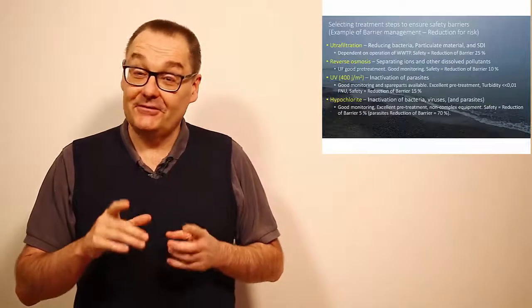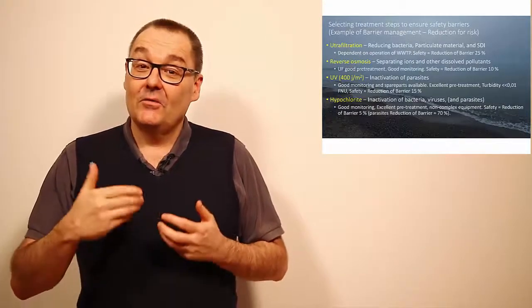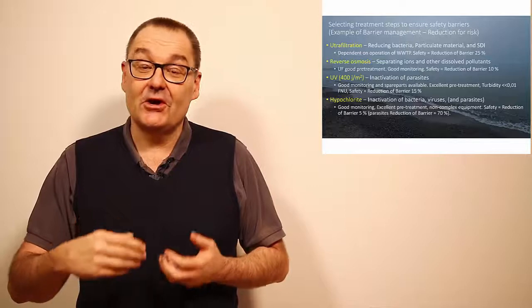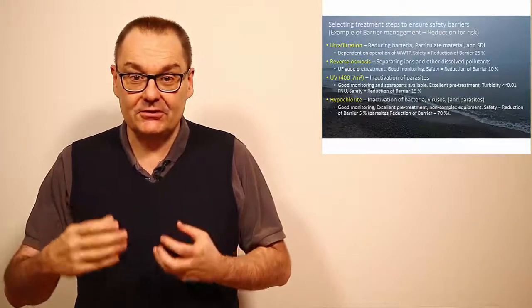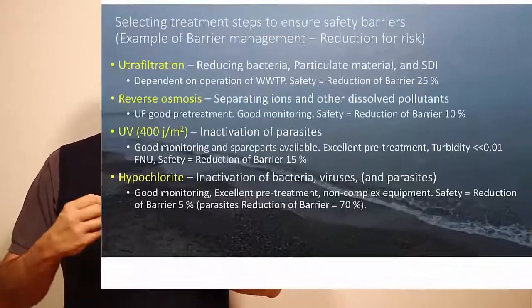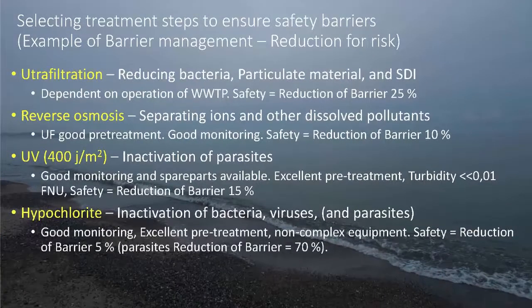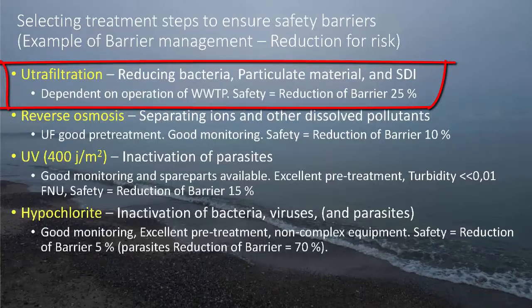Now we're going to get into the really interesting part. What processes are we going to use to reach a good safety barrier effect? Let's have a look at that in more detail. First, I've chosen ultrafiltration, UF, as my first step.